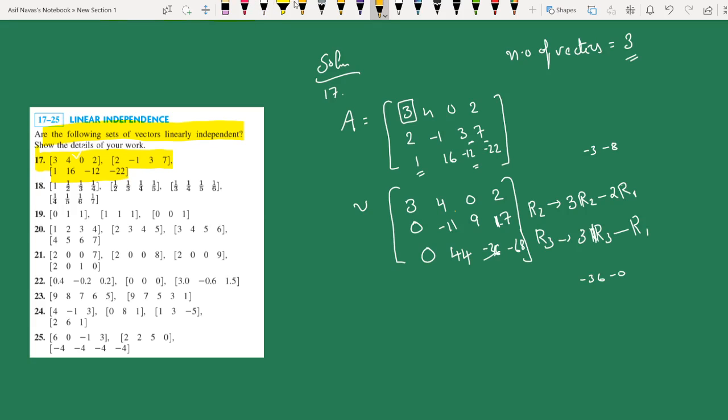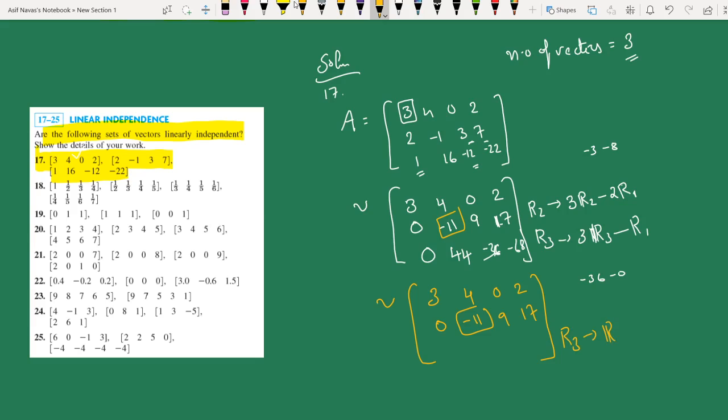Now what is the next pivot? Minus 11, right? So we write 3, 4, 0, 2, then 0, minus 11, 9, 17. Now I want to make this entry zero. What is the operation?